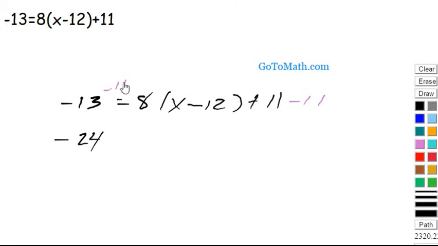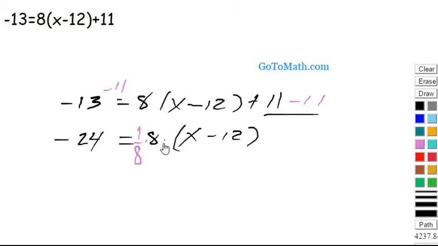So that right there just disappears because that becomes 0. X minus 12. Now let's get rid of this 8, and we can do that by multiplying through by the reciprocal to both sides. So 1 over 8 times 8, and here 1 over 8 times the left hand side also.